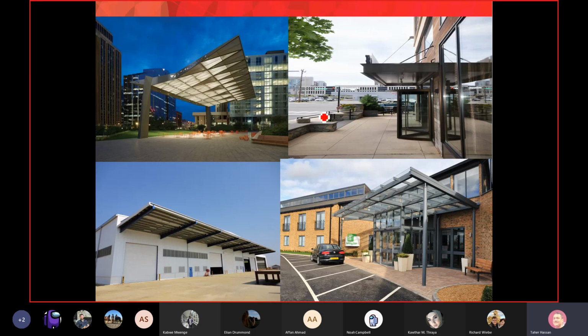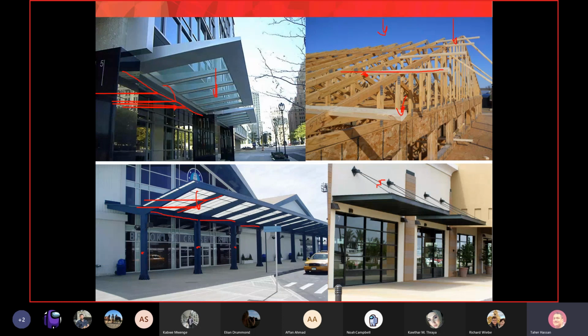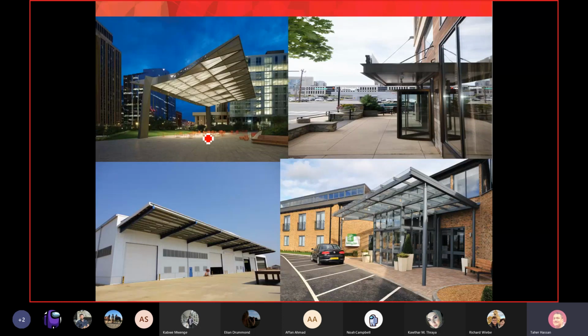Okay, here are a few more pictures. Look at this pretty structure on the top left. Since you know a little bit about torsion, I'm asking you: do you think the beam in between the columns will have some torsion? This is a column here, another column over there, and in between there is a beam.